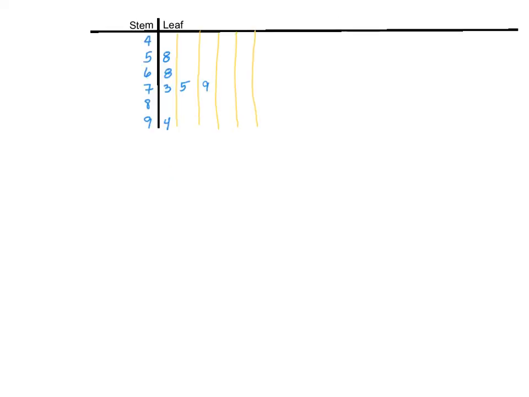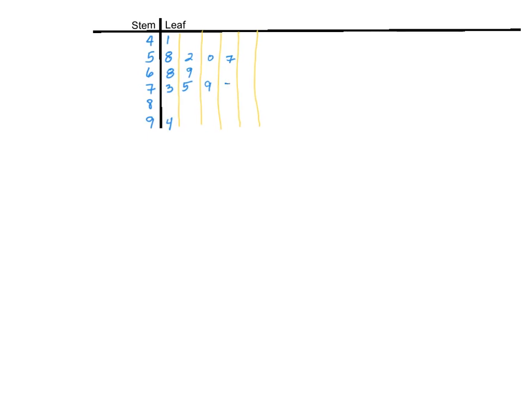I have 41. The 50s would be 8, 2, 0, and 7. The 60s would be an 8, and there's a 69. The 70s would be 73, 75, 79, 77 would be the next one. 75, 75, 73, 73, 76, 77, 71.